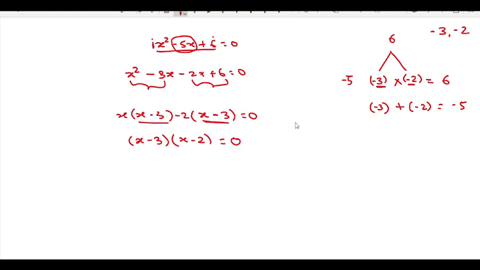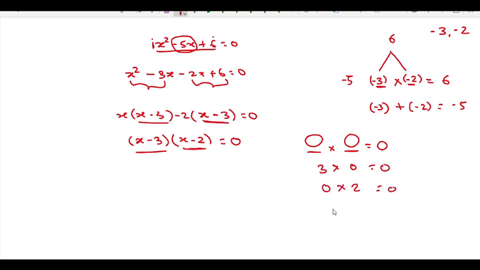Now see, this is one number, this is another number. So what I am getting is the product of two numbers is equal to 0. Now think, whenever the product of two numbers is 0, what does it mean? It means that either the first number will be 0 or the second number will be 0. Like 3 into 0 is 0, 0 into 2 is 0.